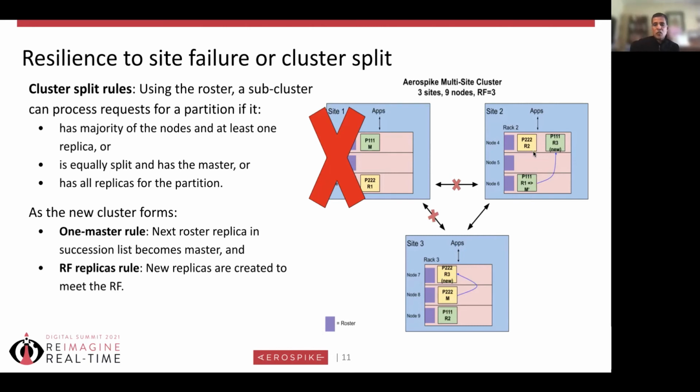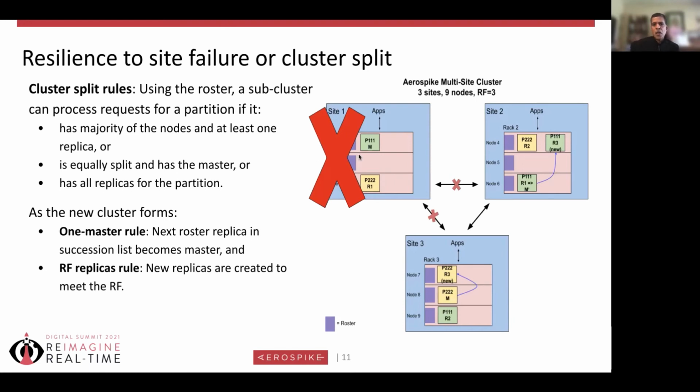Actually, it has 2 replicas for all the partitions because of the rack-aware distribution, where each site has a replica of all the data. The second and third rules are not applicable here. The second rule applies only in a 2-site cluster, which has equal distribution of nodes. And the third one never applies to a multi-site cluster because of the rack-aware data distribution, because no site can have all replicas of the partition.